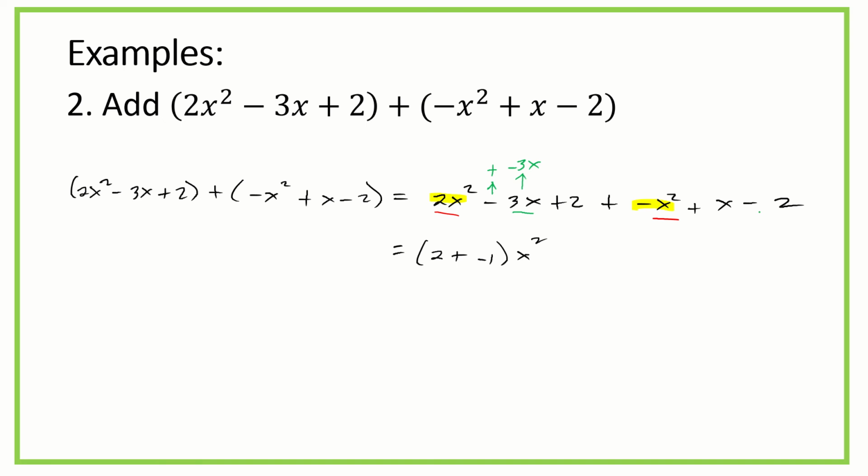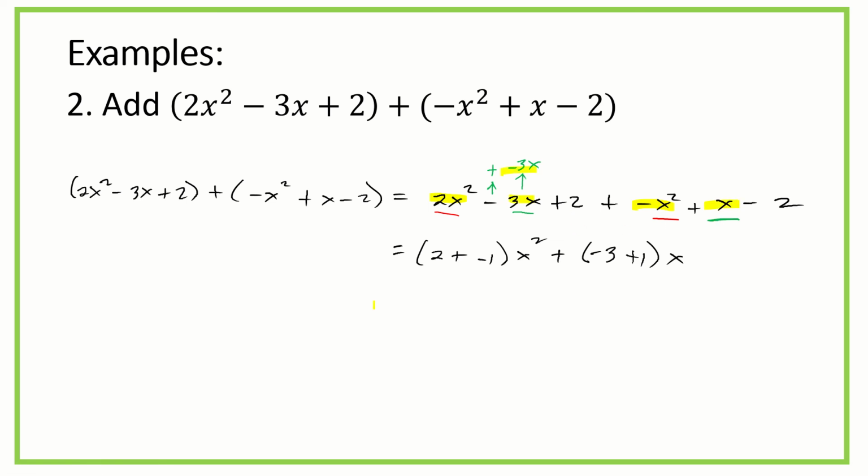So find its like term, which is here, because they have the same literal coefficient, just x. So, plus, close parenthesis, this is negative 3. This is plus 1. Then the common literal coefficient is x. So highlight, because you're done with it. This one, you're done with this.